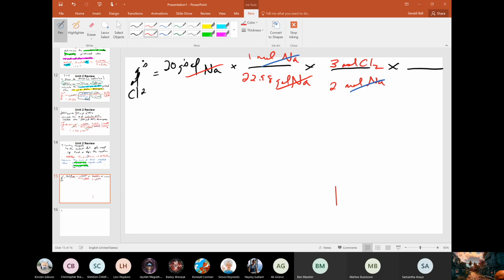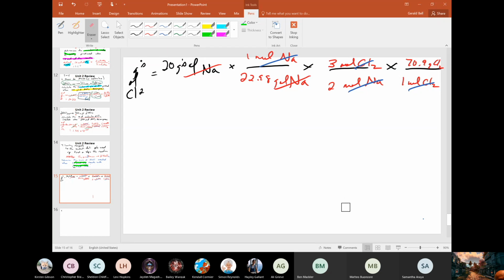And then lastly, 1 mole of Cl2. Now there are 2 chlorines at 35.45, so it's about 70.9 grams of Cl2 here. Cancel, cancel. This answer is just for referencing. It's not an actual answer to our question.